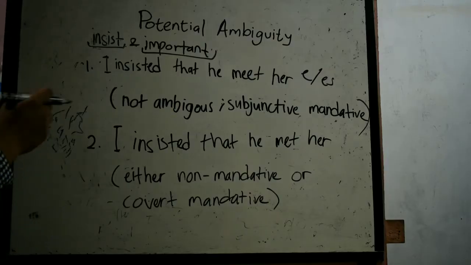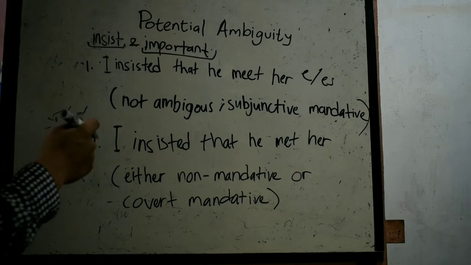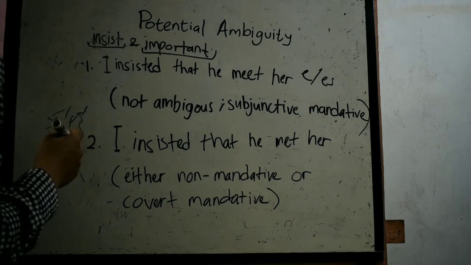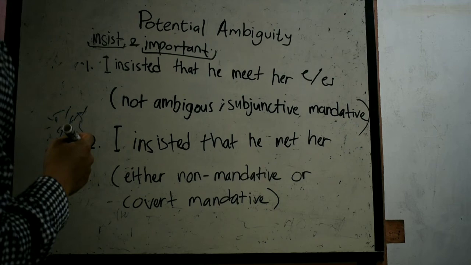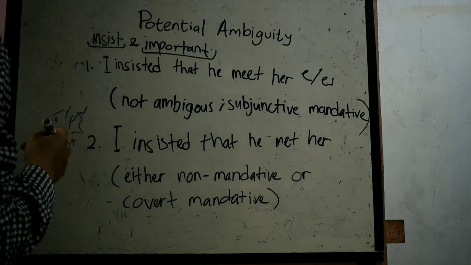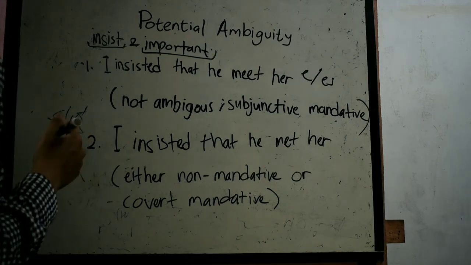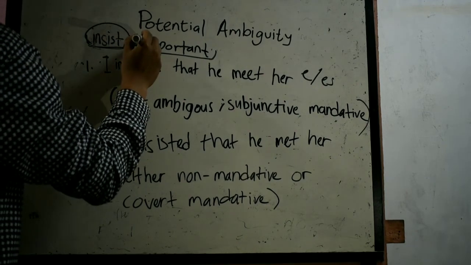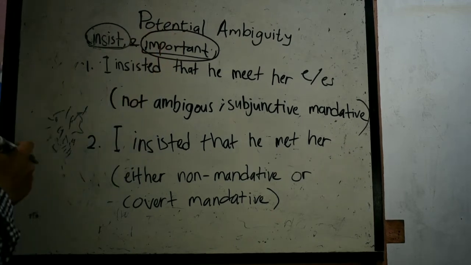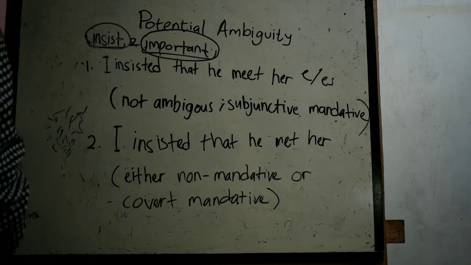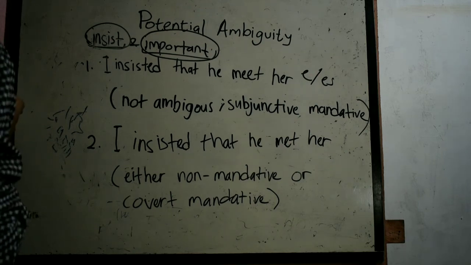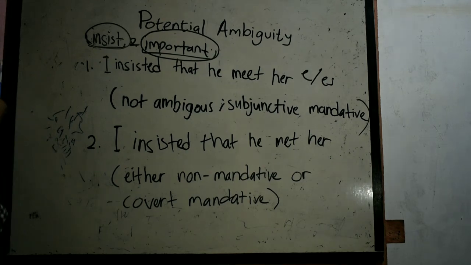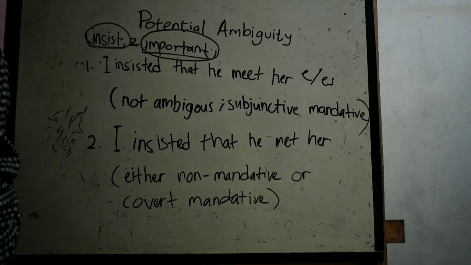The next is potential ambiguity. While content clause complements of demand, essential, mandatory, vital, and the like are always mandative, there are some lexemes such as insist and important that allow both mandative and non-mandative complements, and here we see ambiguities that show us the distinct use of the two contrasted.